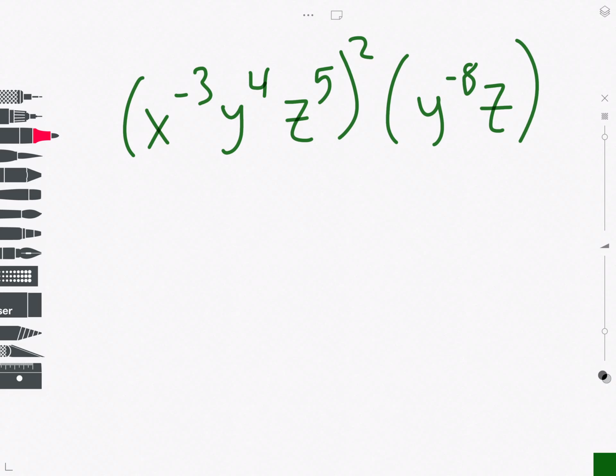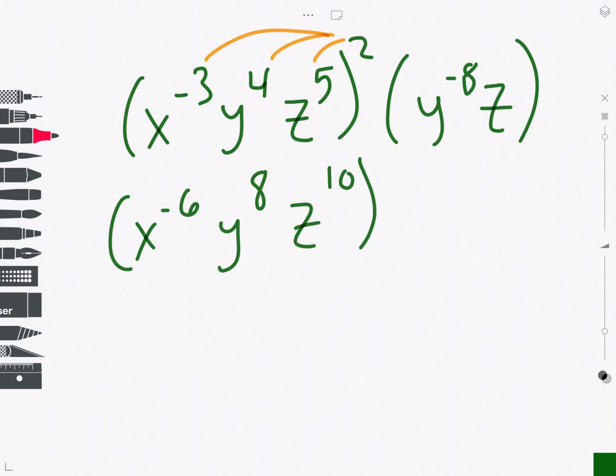Okay, so following order of operations, parentheses, can't do anything inside the parentheses, exponents. I have a power to a power right here, so those all get multiplied to that power, and I get x to the -6, y to the 8th, z to the 10th, and then y to the -8th, z.